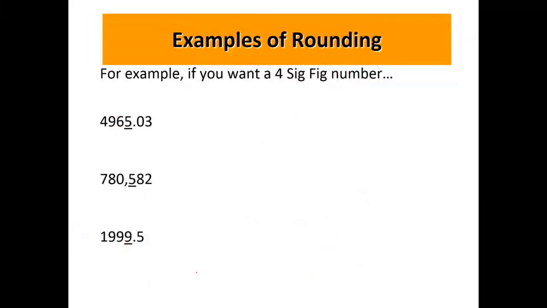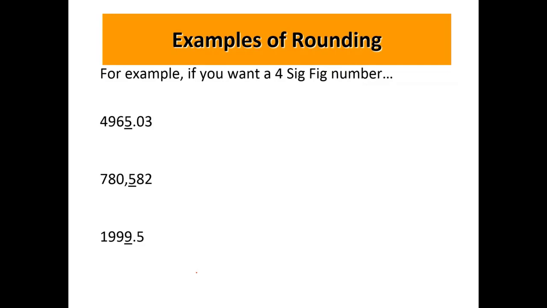Excellent. All right, so when we're actually doing calculations with significant figures, we end up always having to round them. We round the significant figures because the number that comes out of our calculator is not necessarily going to have the number of significant figures that we need.